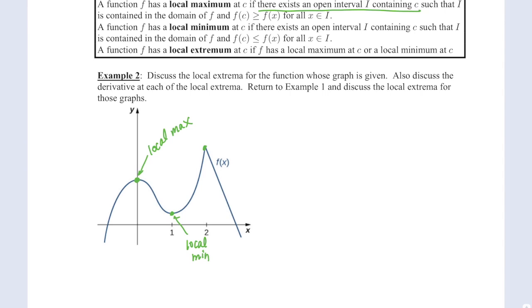This point up here when x equals 2 looks like it's both a local max and an absolute max. Because it's higher than the points right in its little area, but it's also higher than all the other points on the graph.